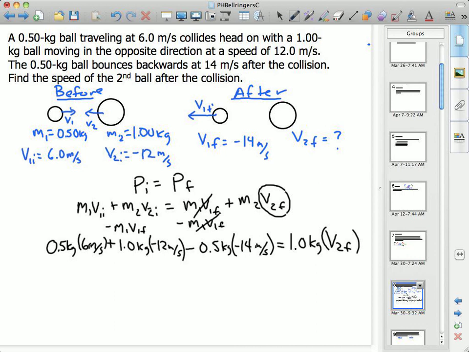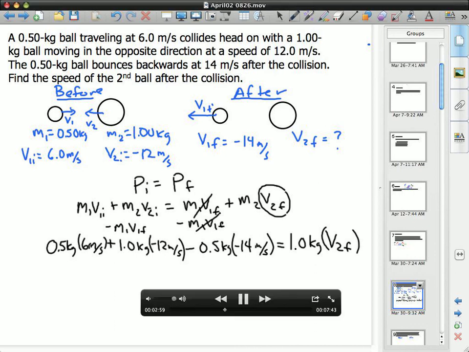So I'm going to add all these terms over here on the left side, add those together with my calculator.